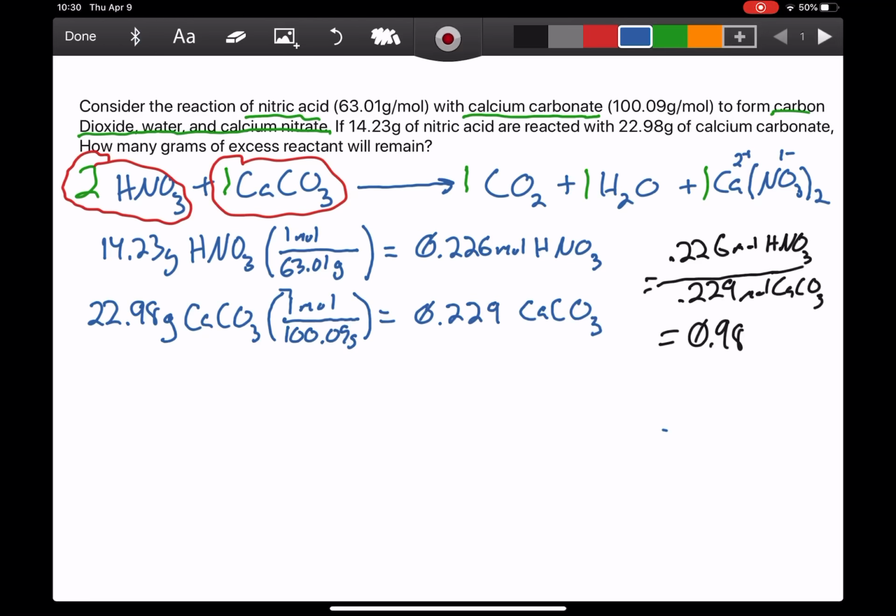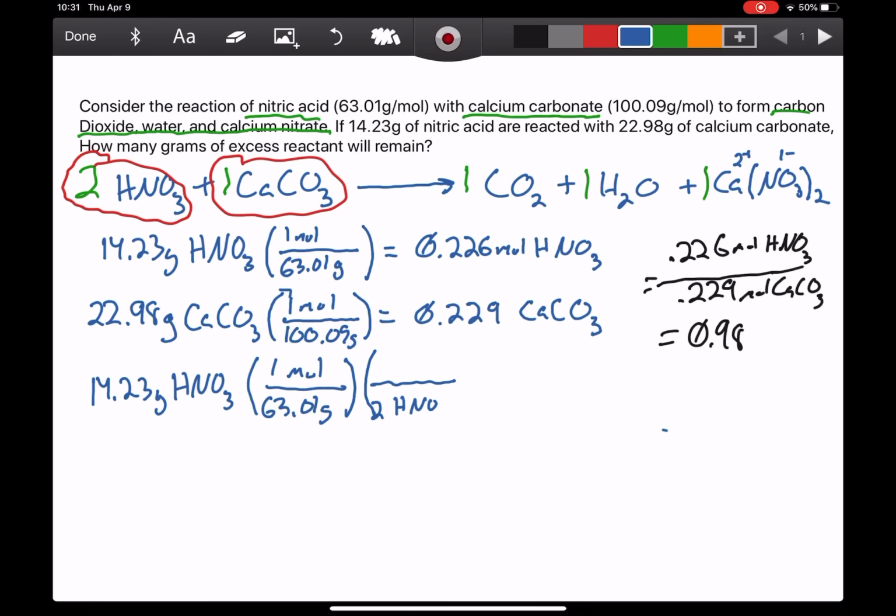So we would say that we have 14.23 grams of HNO3, and 1 mole is equal to 63.01 grams. And we know that we need 2 HNO3s for every 1 calcium carbonate.